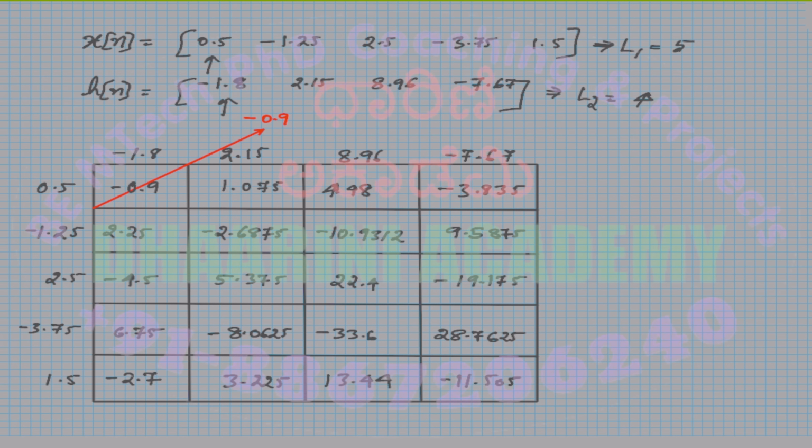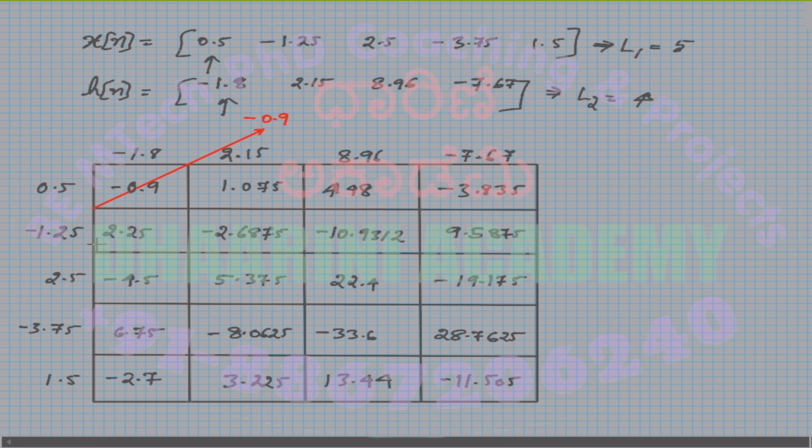Then the next entry will be the diagonal one below that, but you need to add both the entries. So add 2.25 and 1.075. That is 3.325.